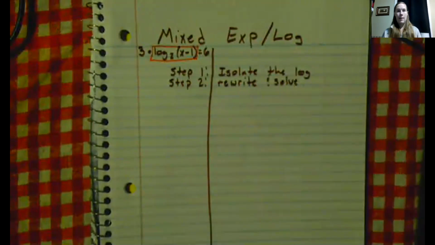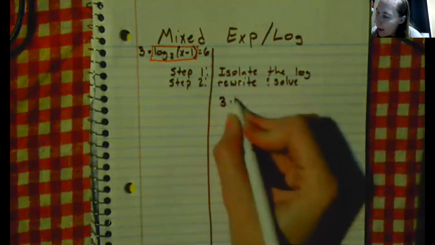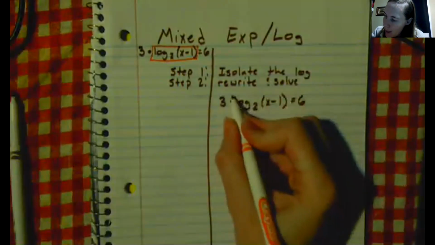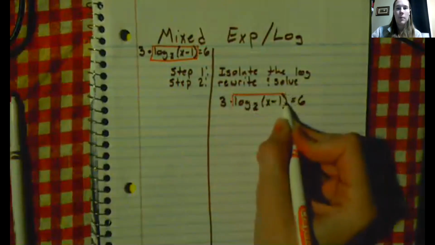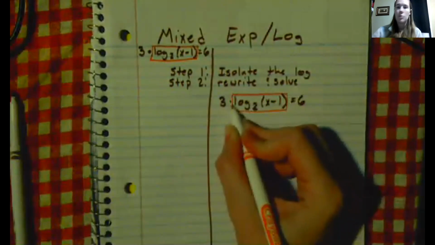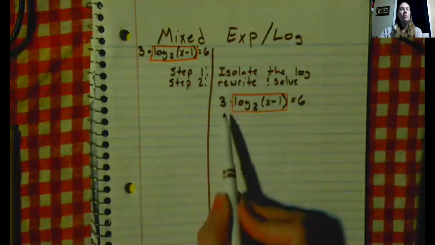So let's actually do this. I have 3 times my log base 2 of x minus 1 equals 6. I know that the log starts here and it ends where these parentheses end. So this is still part of your log, so you want this part as well. The first thing I need to get rid of is this 3.